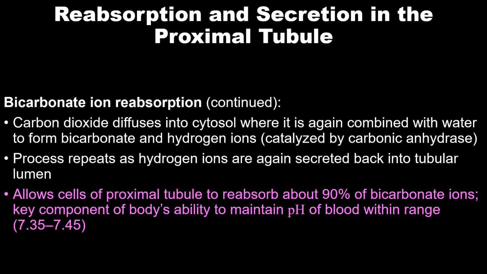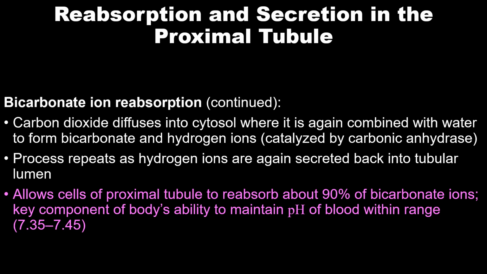So these newly formed carbon dioxide and water are going to diffuse into the tubular cell cytosol, and they're going to combine with water there to become bicarbonate and hydrogen ions. Within the cell, this carbonic anhydrase that has brought these things together is now going to break them up again, dissociating them back into bicarbonate ions and hydrogen ions.